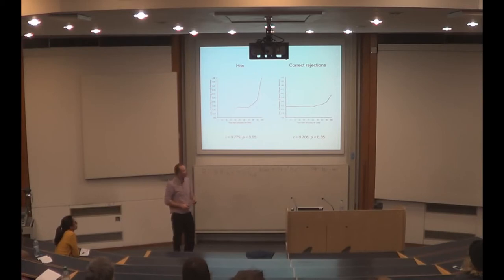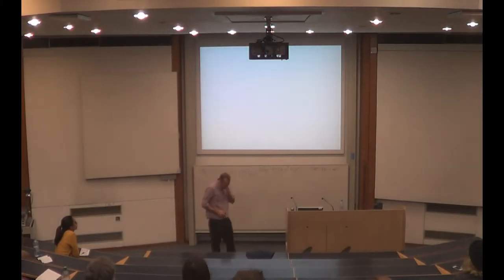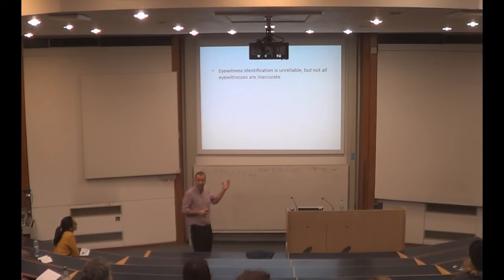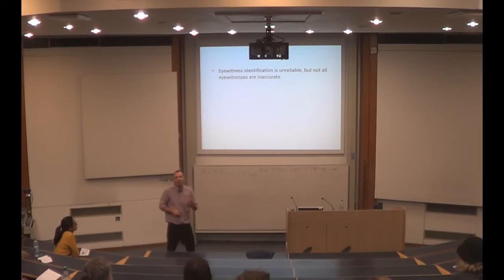Okay? So, though there's no profound truth here, I'm actually trying to tell you something very simple, and it's something like this. We often treat eyewitness identification as if it's unreliable, full stop. But what we're often forgetting is that not all eyewitnesses are inaccurate. There are plenty of accurate eyewitnesses in there. And there might be different ways of getting a handle on that.